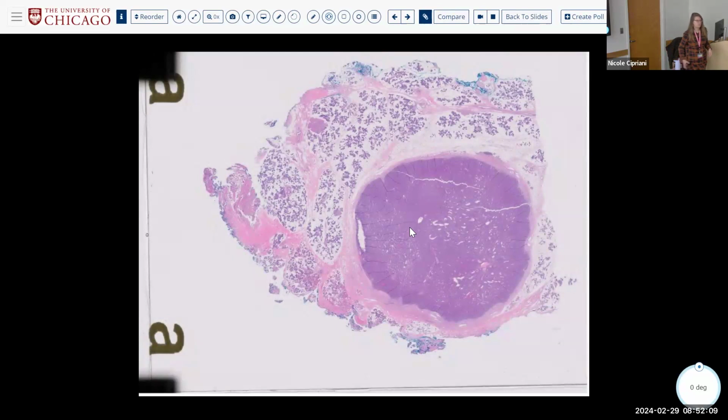What's the morbidity for a neck dissection? I actually don't know. The procedure itself is not the issue. It's more the post-procedural edema. Yeah, facial edema. So it's mostly facial swelling.